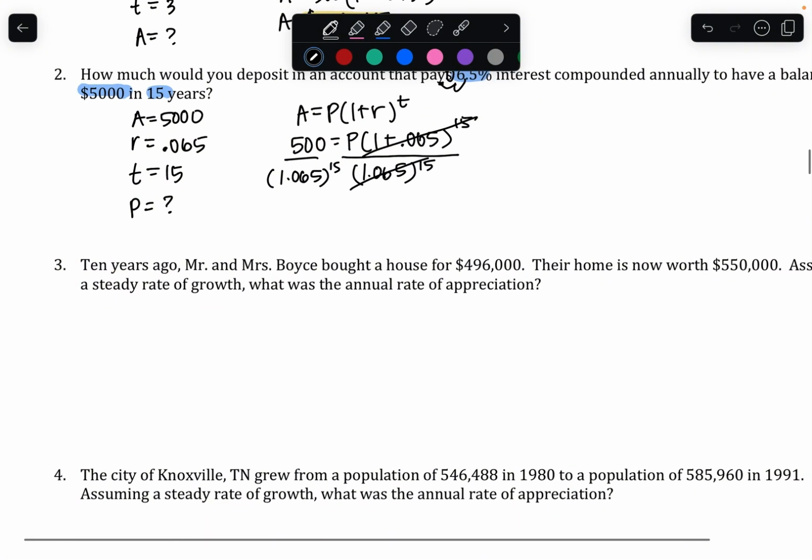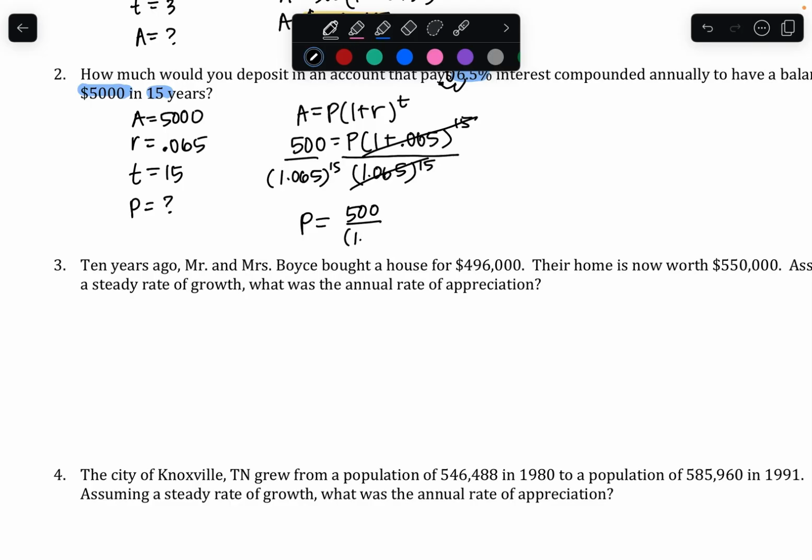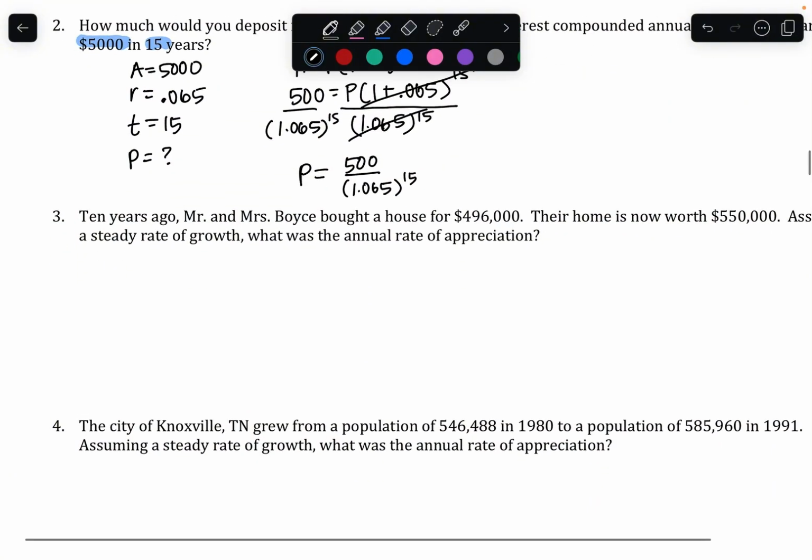So all we have to do is divide by that expression. So I always do all of the algebra before I actually go to my calculator so I don't get a bunch of rounding errors. And so I'm leaving it just like that. You could even leave that as 1 plus 0.065. That's just an easy computation to do.